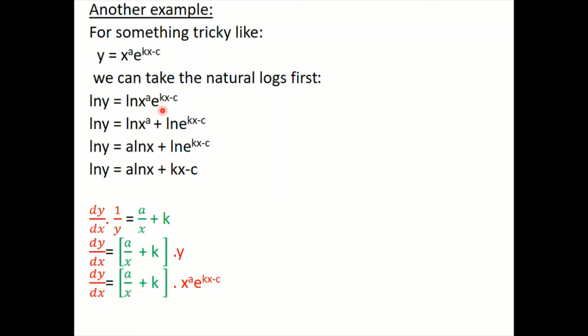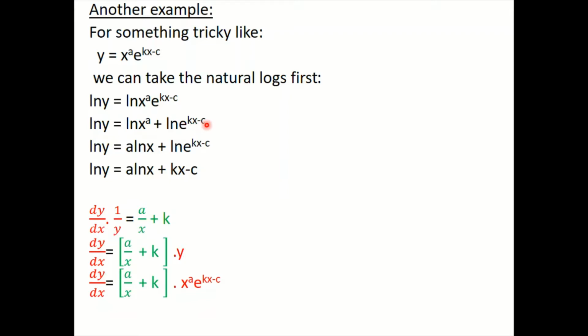And now we can apply our rules of logs yet again. Here we've got x to the power of a multiplied by e to the power of kx minus c. So we know that we can rewrite this as follows: natural log of x raised to the power of a plus the natural log of e raised to this power here.